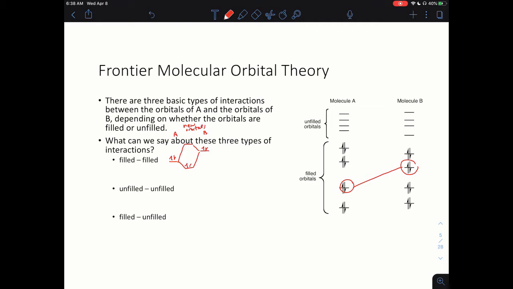Two electrons go in the lower energy orbital, two electrons go in the higher energy orbital. So what has happened? Well, nothing really. Two of the electrons, these two, they're lower energy. These two are higher though. So there's no net stabilization of electrons. Thus, we don't care. We can ignore this interaction.